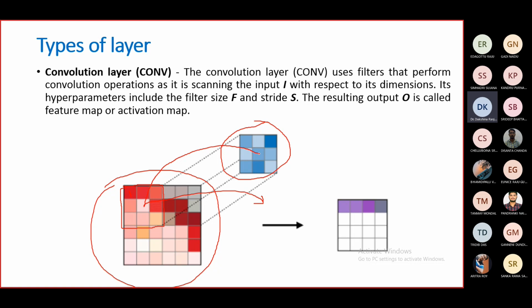The center of the filter coincides with the first pixel value in the top left corner, and then we get a defined area like this. We will consider this area and take the sum of the product between the filter elements, that is the weights, and the pixel values.